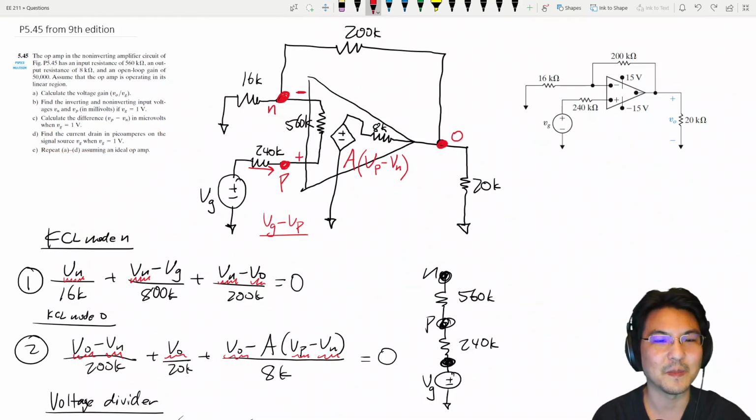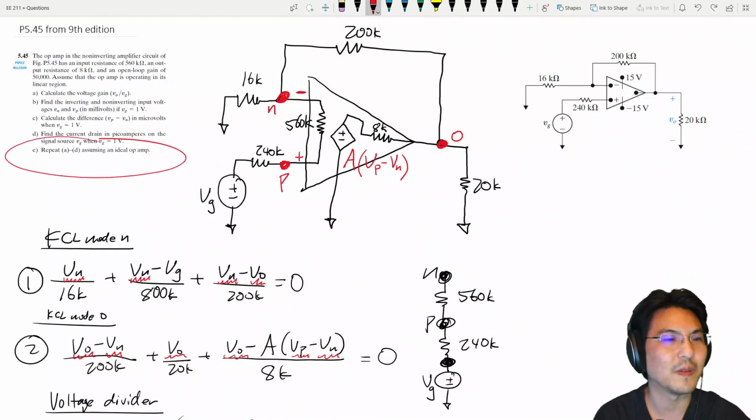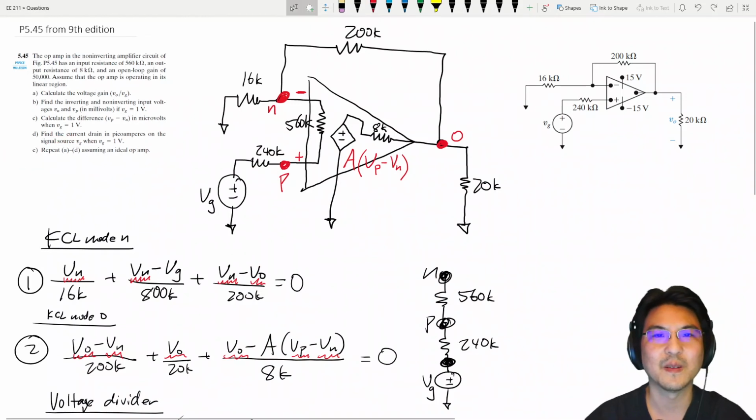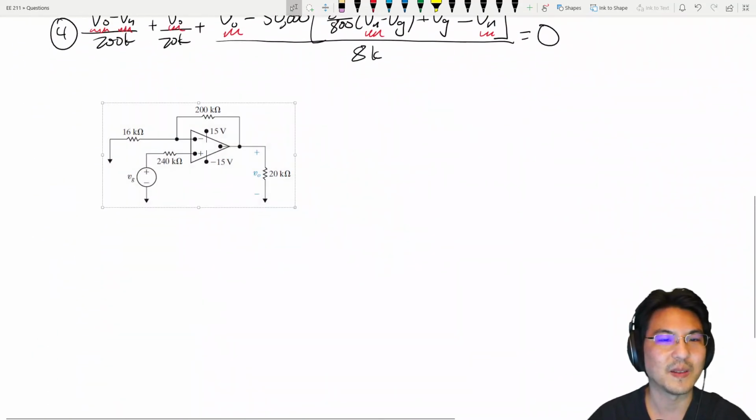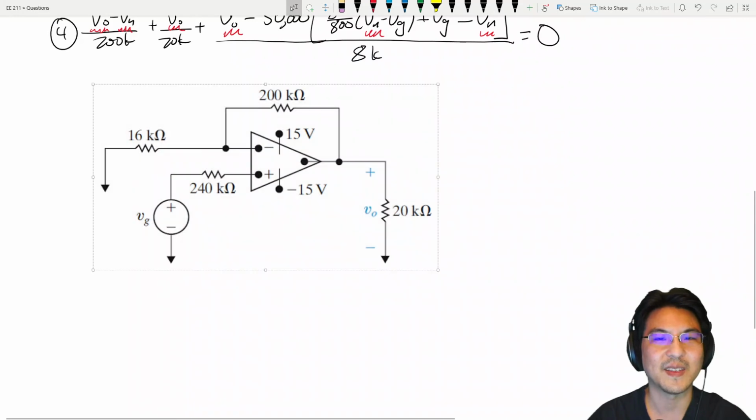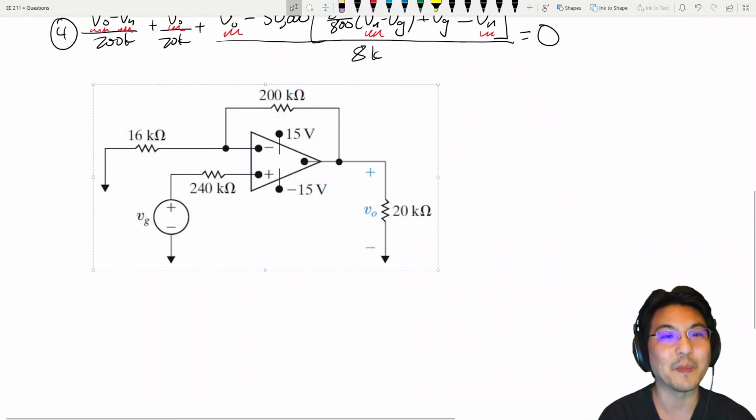All right, and then let's try that again, but let's say this is an ideal op-amp.